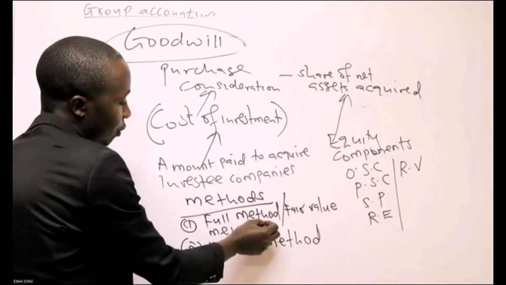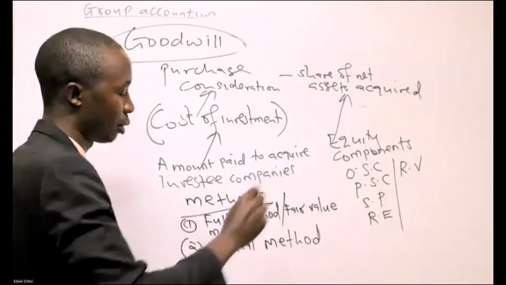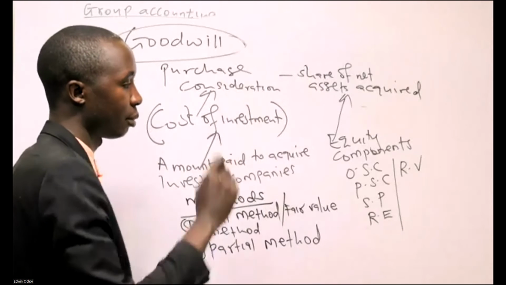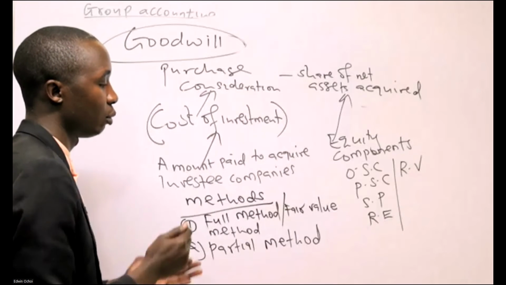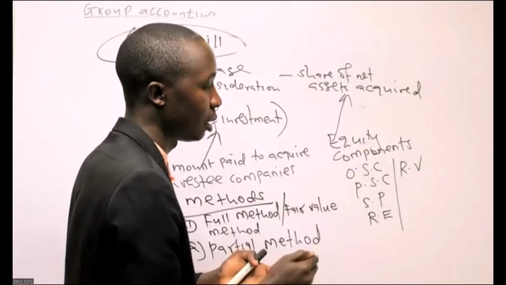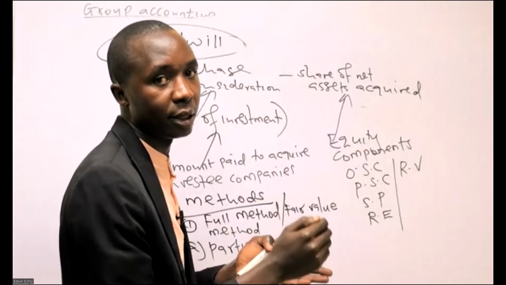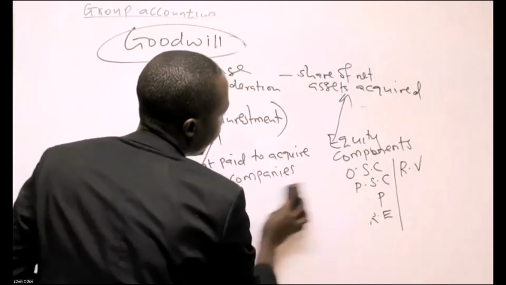To use the full method, the question must tell you that the non-controlling interest, the NCI, is measured at its fair value.